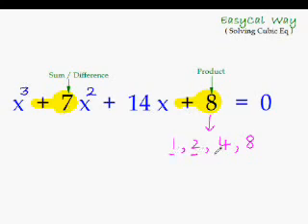That means these three are the factors. So to find the solution of this cubic equation, you just have to change the signs of the factors. That's it. Question solved. The three solutions are x equal to -1, x equal to -2 and x equal to -4. So tell me now, wasn't that easy?